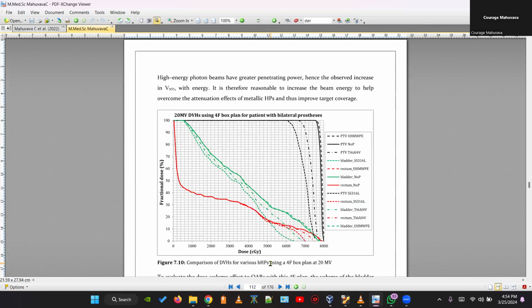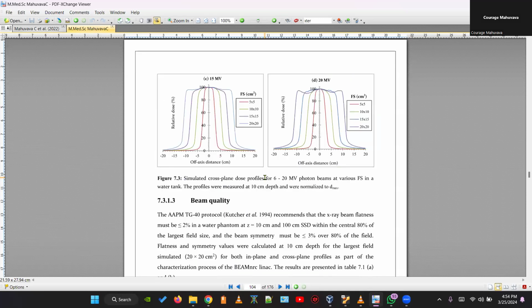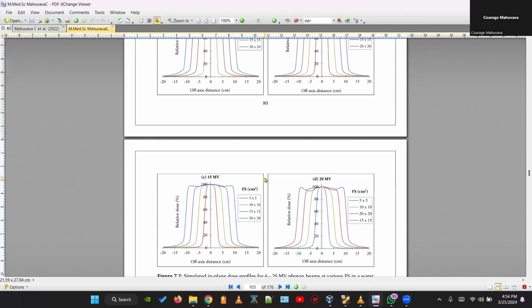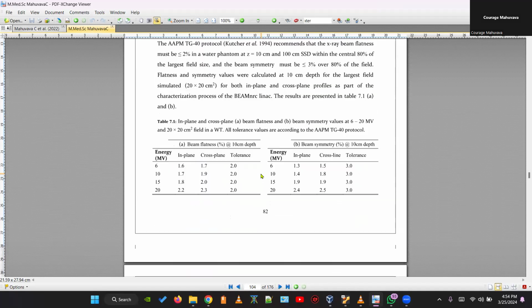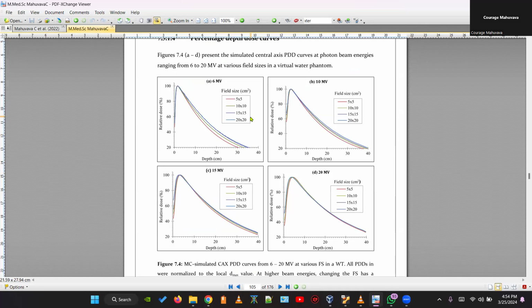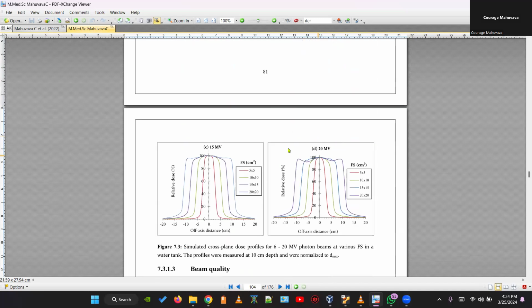In terms of the PDDs, this is the project I did, but you can produce PDDs. I think I do have some of them. Yeah. You can calculate PDDs for different field sizes and different SSDs if you want. And we'll talk about how you can do that within the graphical user interface itself. And of course, you can do profiles, right?